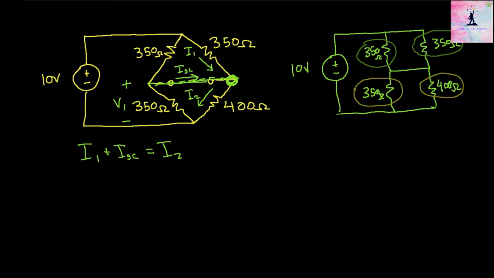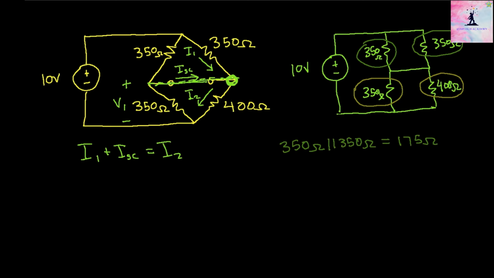350 in parallel with 350 gives me 175 ohms.